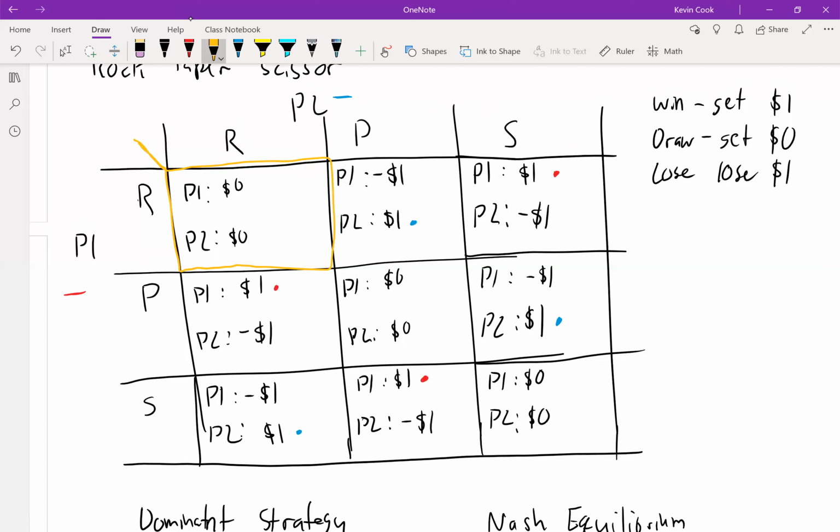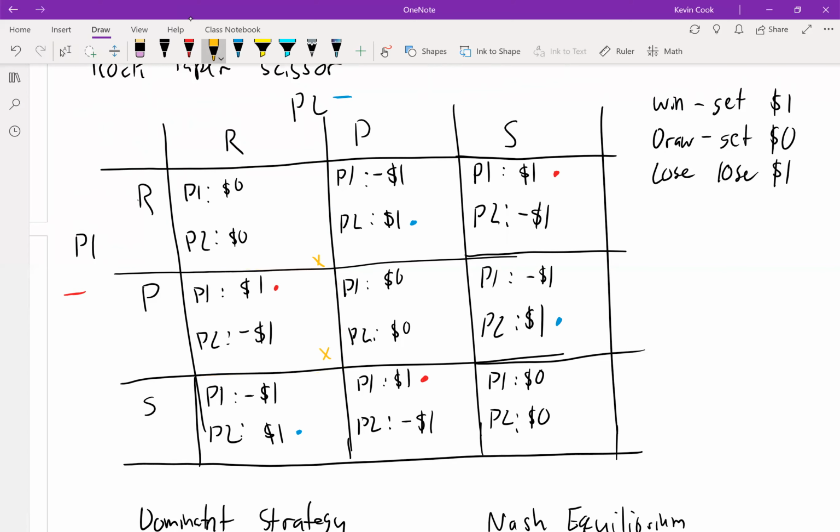Well, player one can switch over to paper and get $1. So this point would not be a Nash equilibrium because player one can make themselves better off. But what if we come into this new spot? Now player two has -$1, and player two can switch to either paper or scissors and become better off. So again, this point would not be a Nash equilibrium.